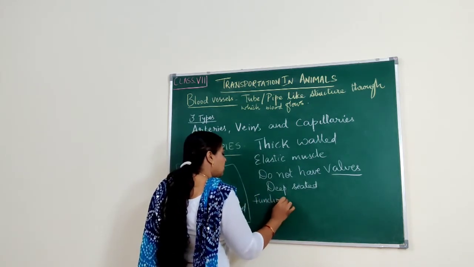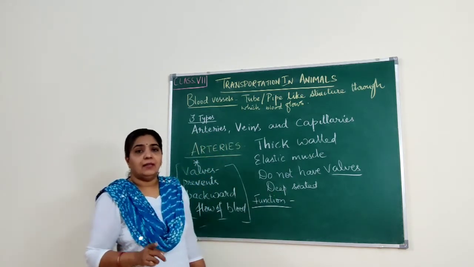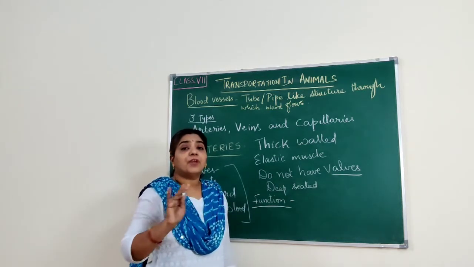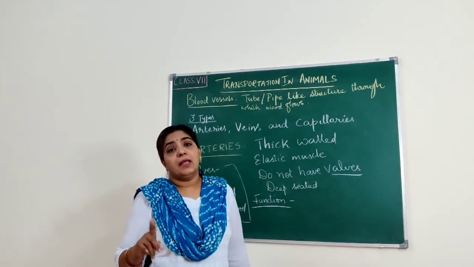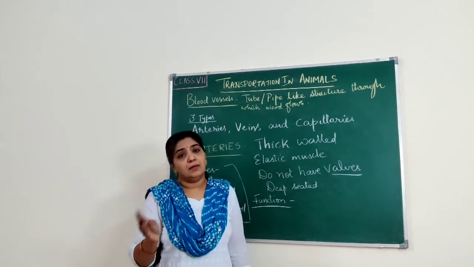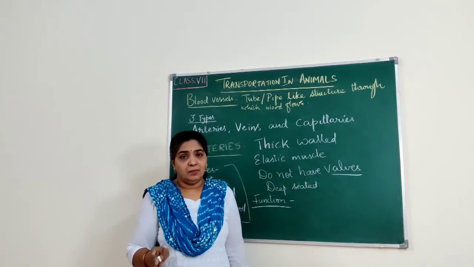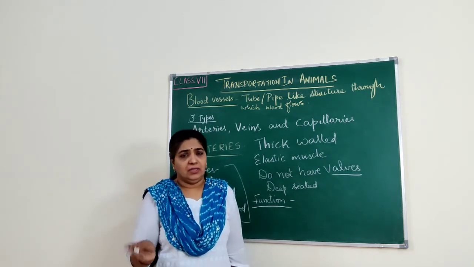So what is the function of arteries? In a textbook, it is given that arteries carry oxygenated blood. No, arteries can carry oxygenated blood or deoxygenated blood, because we have an artery which will carry deoxygenated blood.